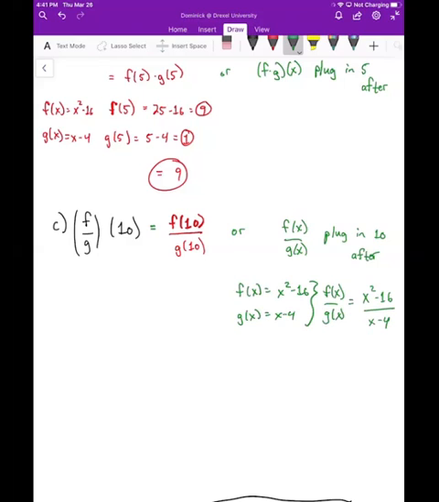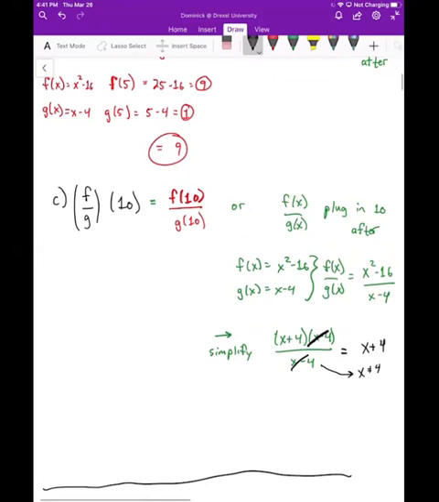Now, of course, we could simplify this because the top can be factored into x plus 4, x minus 4. And of course, that would allow us to cancel the x minus 4s and give us x plus 4 as long as x is not equal to positive 4 because of this.